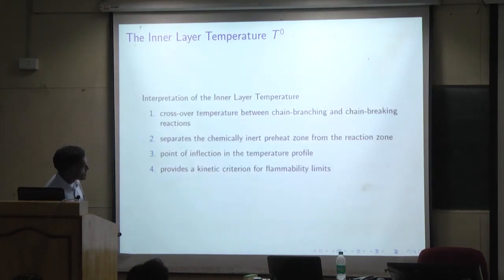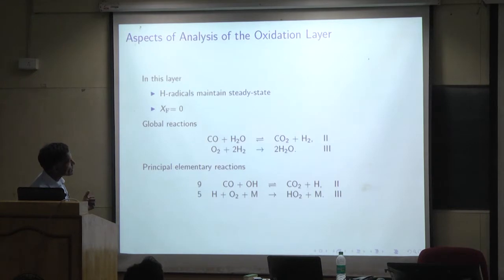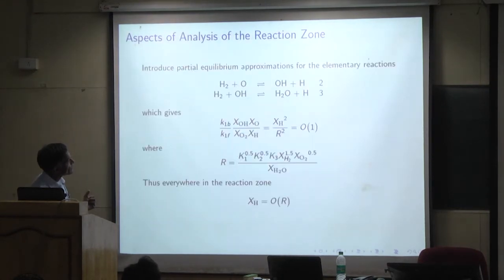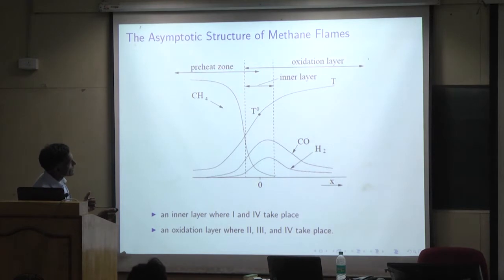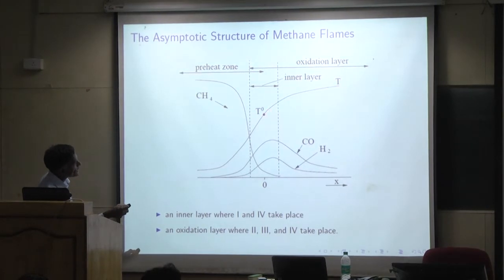Now again, I want to spend a little more time explaining this concept, this inner layer temperature. This inner layer temperature is a crossover temperature between chain branching and chain breaking reactions. It separates the chemically inert preheat zone from the reaction zone. What does that mean? Going back here to the inner layer, in this region chain branching reactions dominate, or the rates of the chain branching reactions are larger than the chain breaking reactions.